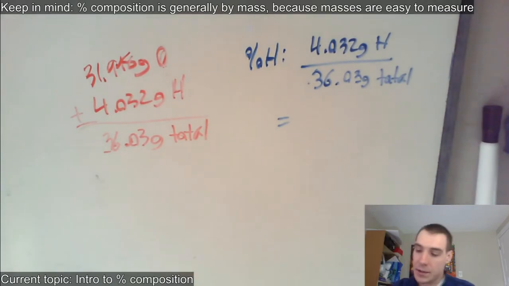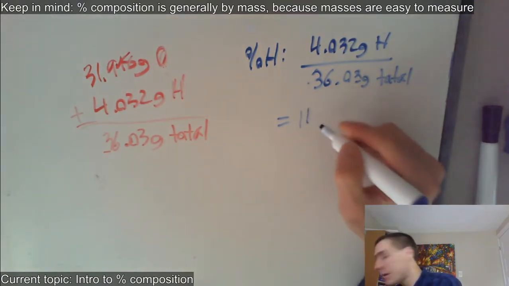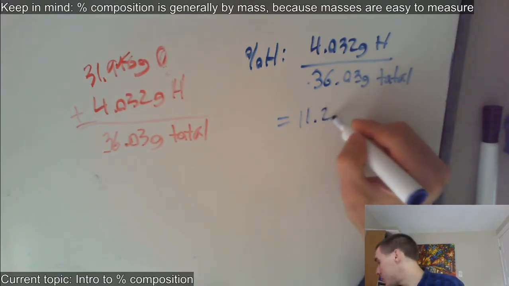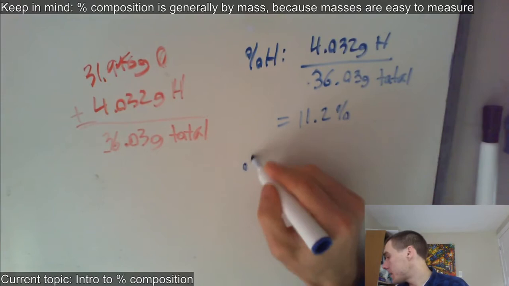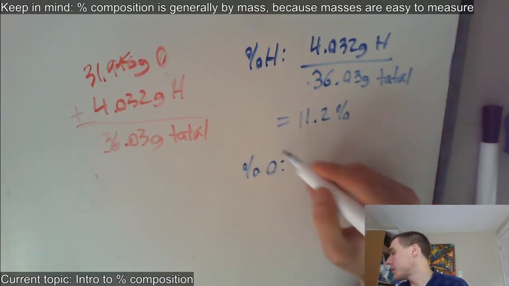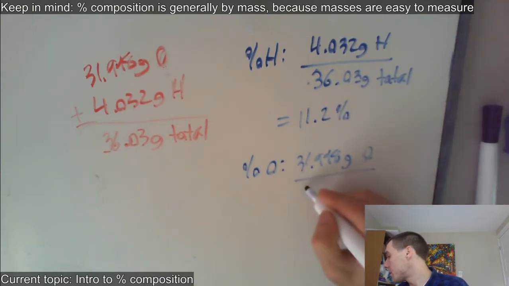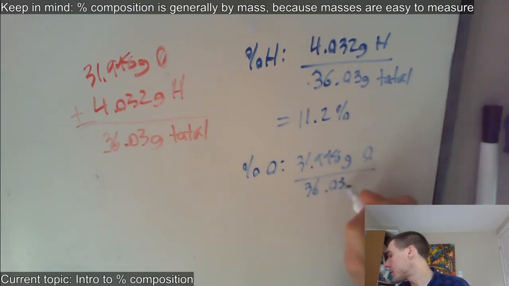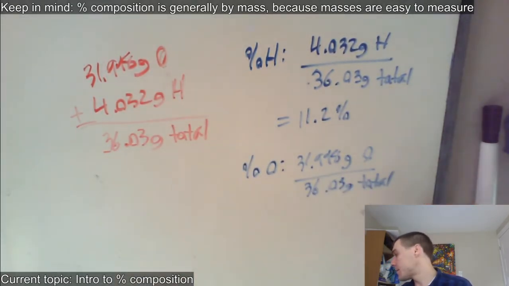And you'd end up with some number, 4.032 divided by 36.03 is 11.2%. And the percent oxygen, you've got two options. You can either do the same thing, 31.998 grams of oxygen over the total, 36.03 grams, or there's a shortcut you can take because it's only oxygen and hydrogen, so it's going to be 100%.